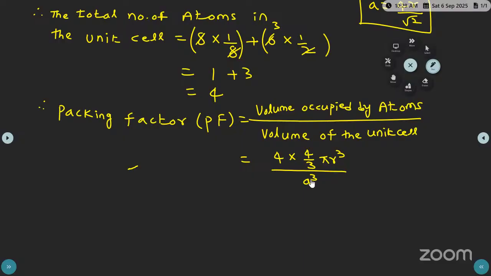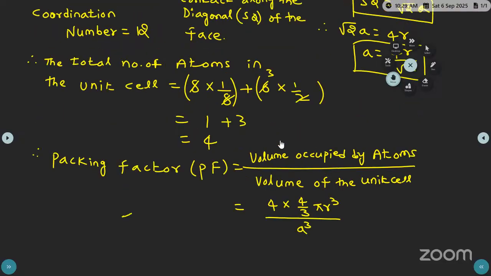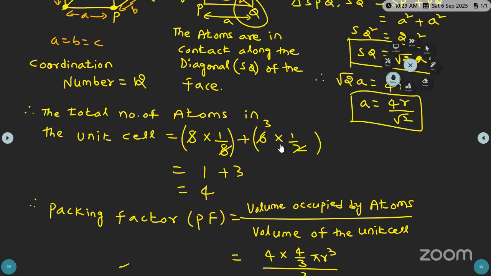Now this is equivalent to how much? Here what is the relation between A and R? A is 4R by root 2.